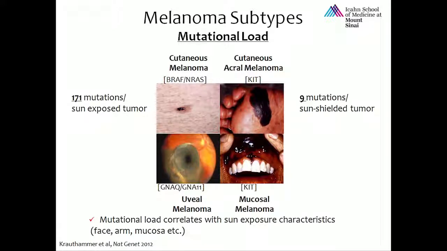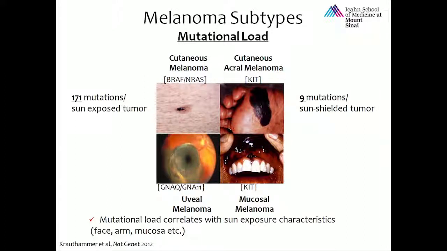They can have BRAF, RAS mutations, but there's about a 15 to 20% frequency of KIT mutations or amplification in acral melanoma. If you just look at cutaneous melanomas, you would only pick up about 3% KIT mutation frequency in this group. Uveal melanomas have GNAQ/11 mutations, BAP1 deletion. Mucosal melanoma again has enrichment of KIT mutations, about 15-20%.